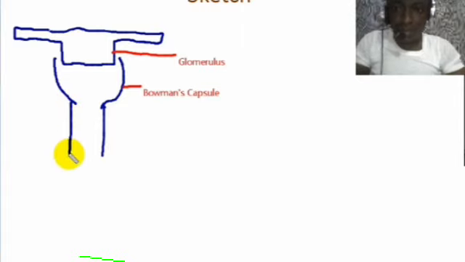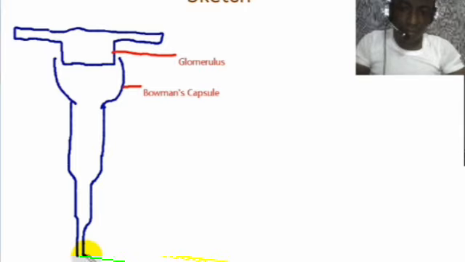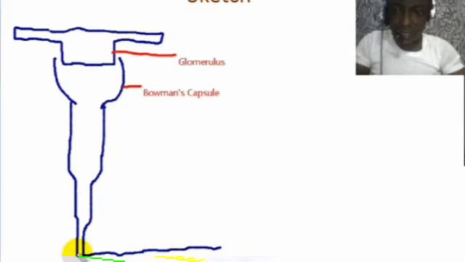So from the Bowman's capsule, the PCT arises, and from the PCT, the thick descending loop of Henle arises, and then it gives rise to the thin descending loop of Henle. The hairpin bend connects the descending and the ascending loops of Henle. This is a rough sketch, so don't laugh at me.